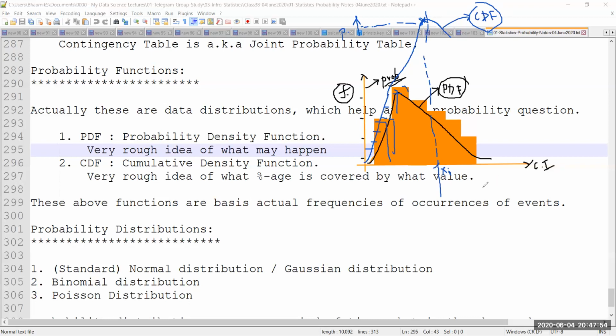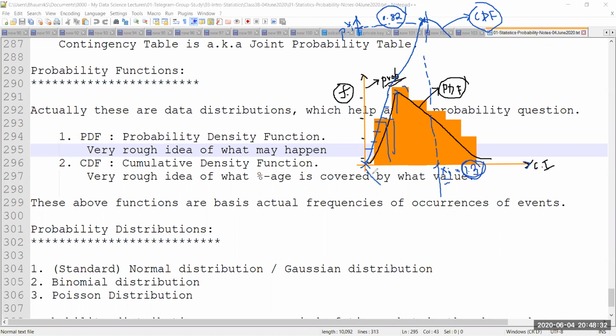I can clearly say that in this CDF, if this value of yi is, let's say, equal to 0.82, and this value xi is equal to, I don't know, 1.3, then out of all of the data of x on the x-axis, 82% of the values fall within the range from the starting point up to 1.3.